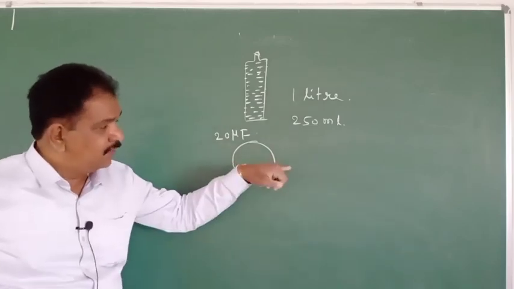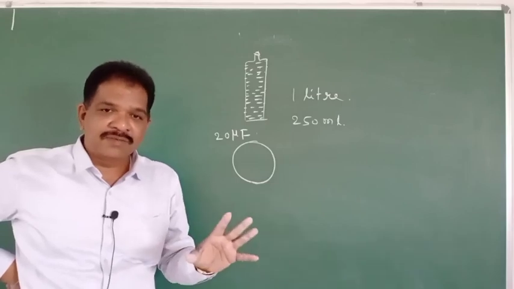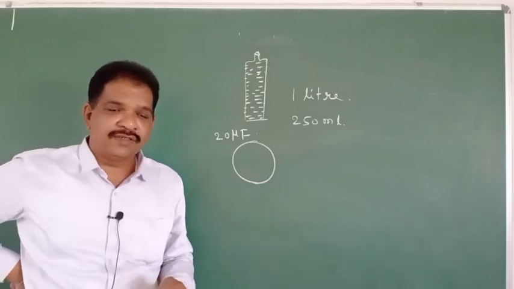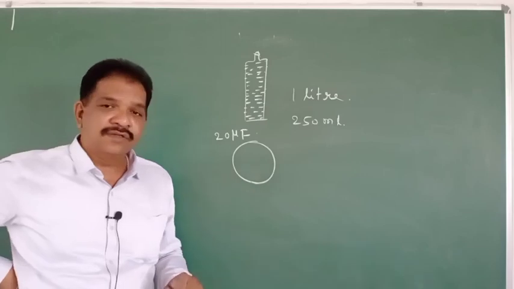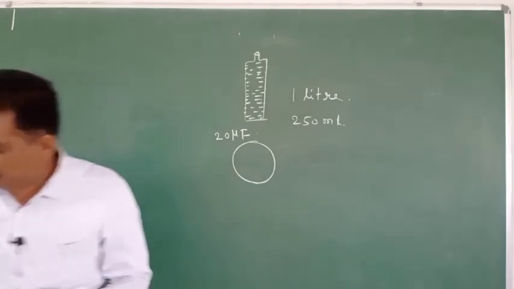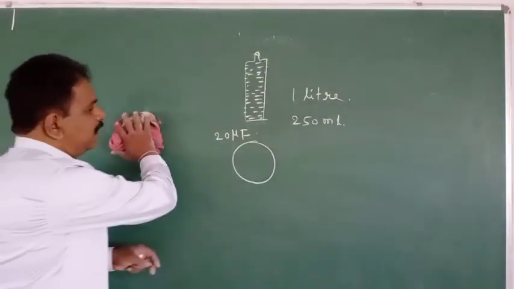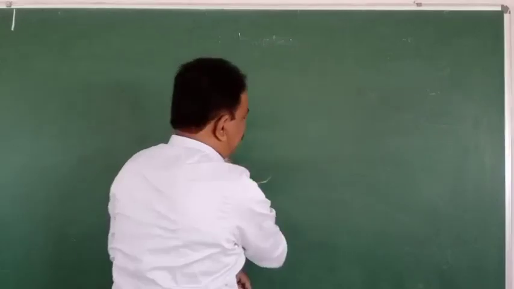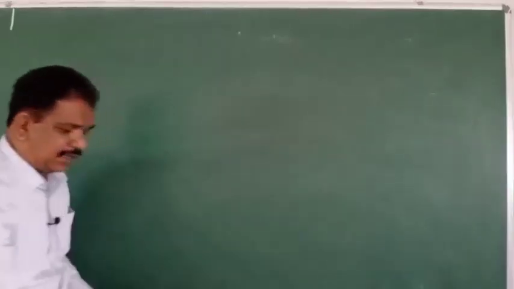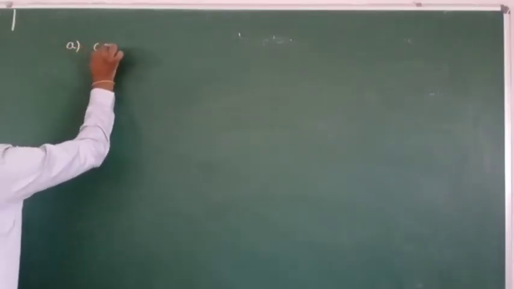It may have charge, it may not have charge, but maximum some amount of charge this body will store. That only we can understand. Okay, clear. After finishing this, next, capacity of a spherical conductor.